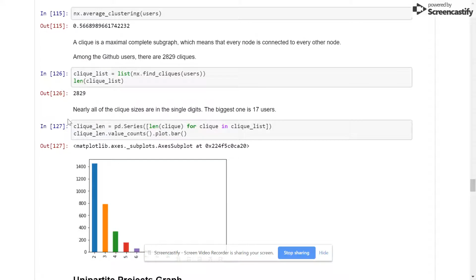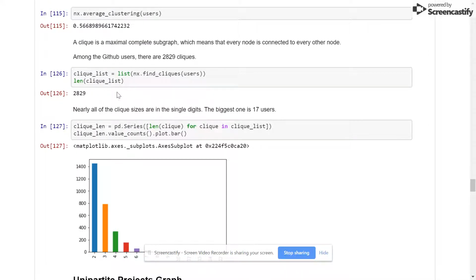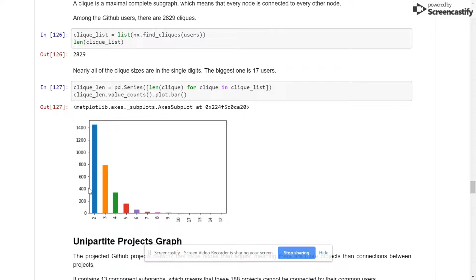Now let's look at the cliques in our user graph. A clique is a maximal complete subgraph, which means that every node is connected to every other node. And we have over 2,800 cliques, and most of the clique sizes are within single digits, and the biggest one has 17 users.